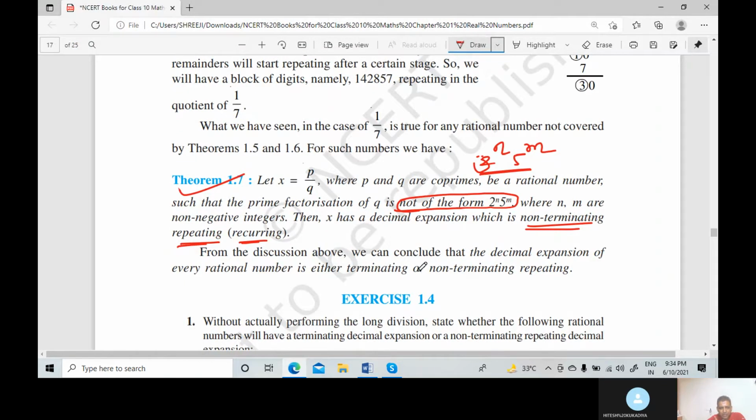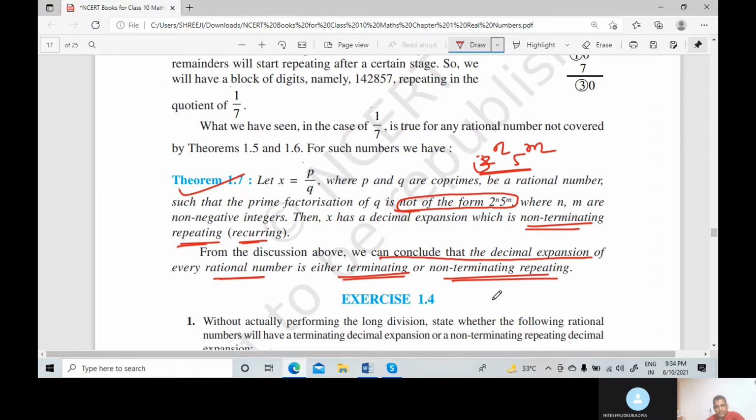Is that clear? So here we can conclude that the decimal expansion of every rational number is either terminating or non-terminating repeating. In the last lecture we discussed all the terminating numbers, and in this one we explained the non-terminating repeating numbers. Is that clear, students? Do you understand this one?